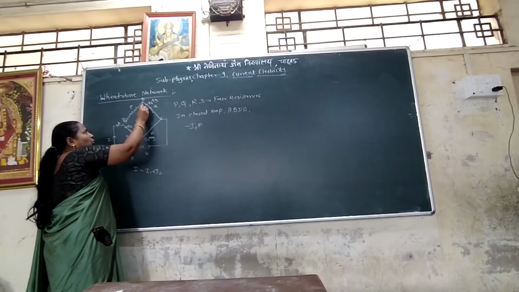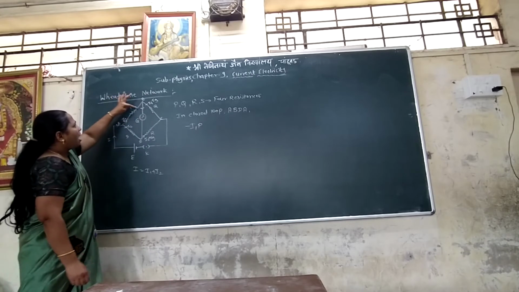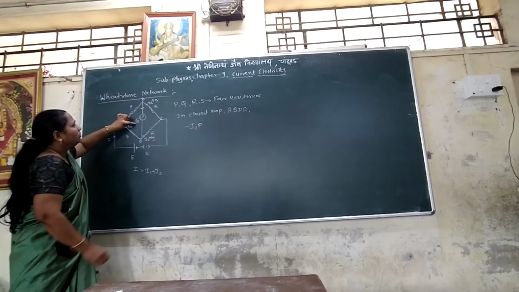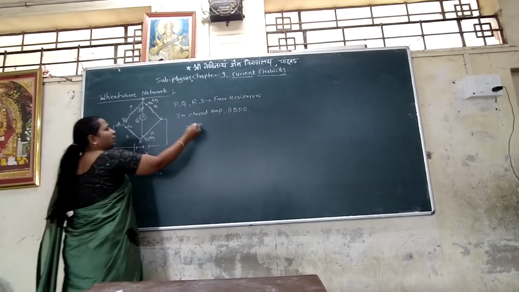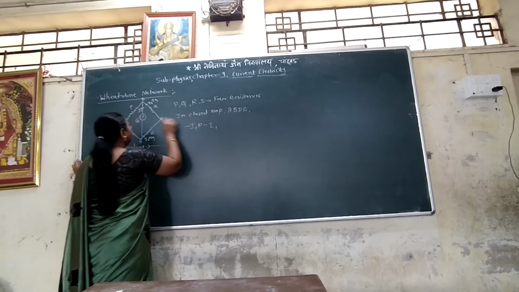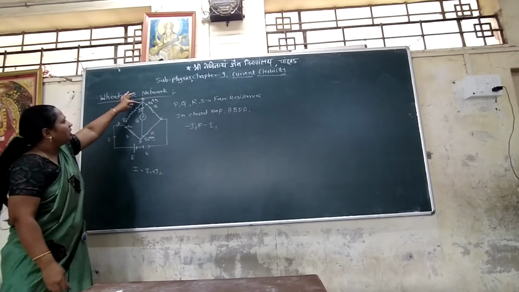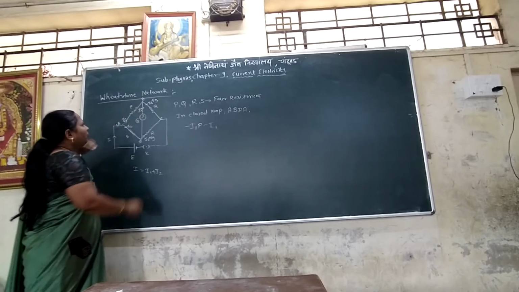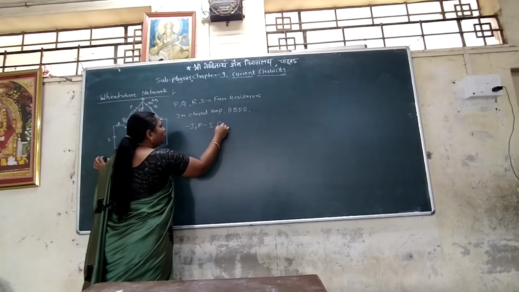Then the current I1 flowing through G is also in the same direction. Therefore, it is taken as minus I1 into G.